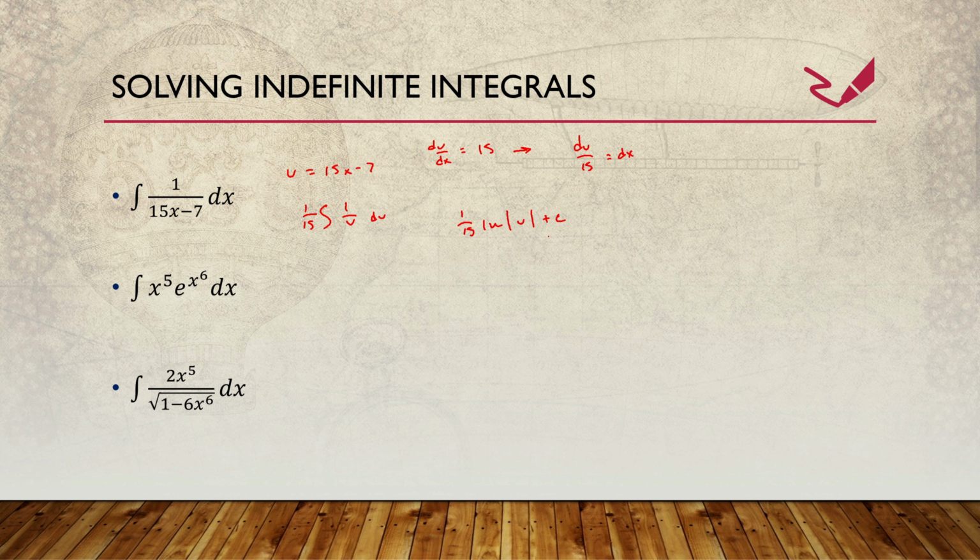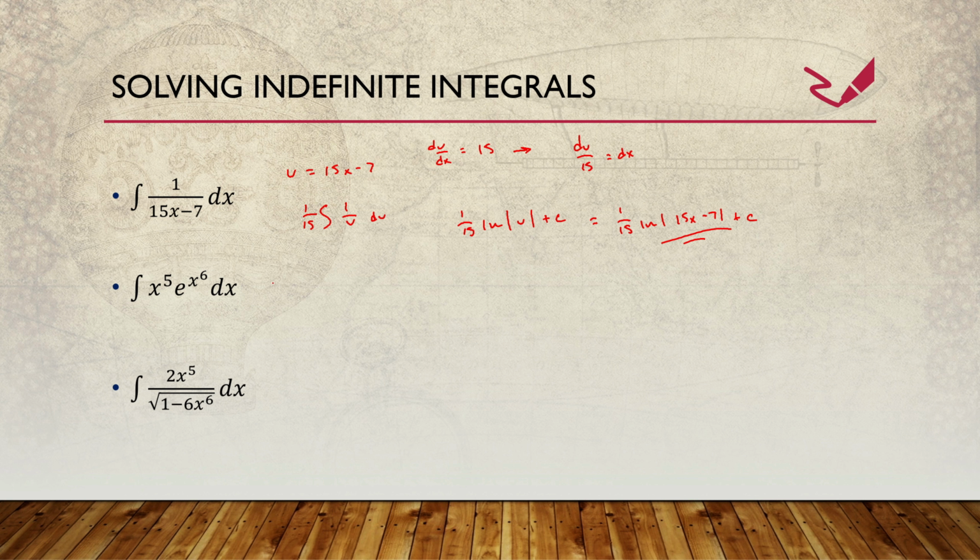But when you're doing definite integrals, you don't need plus c because you're finding the area automatically. So we just plug the equation back into u. So 15x minus 7, plus c. So that would be your answer for the first one.